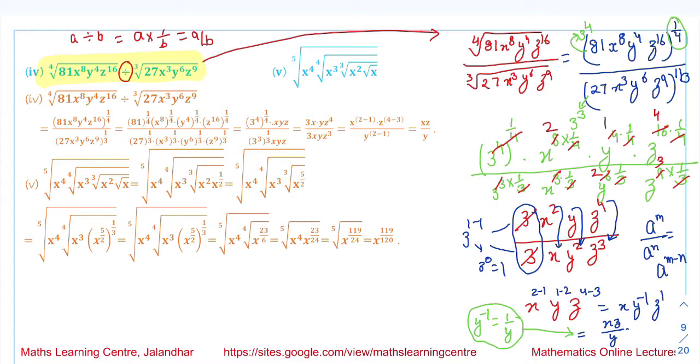So in the next question we have terms like this: the fifth root of this whole term, then the fourth root of this term.